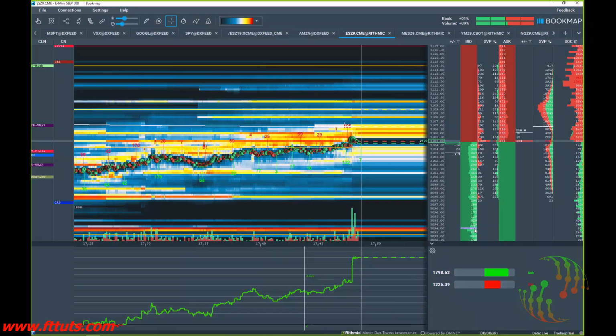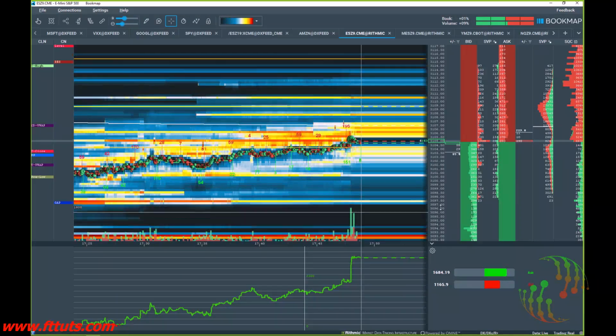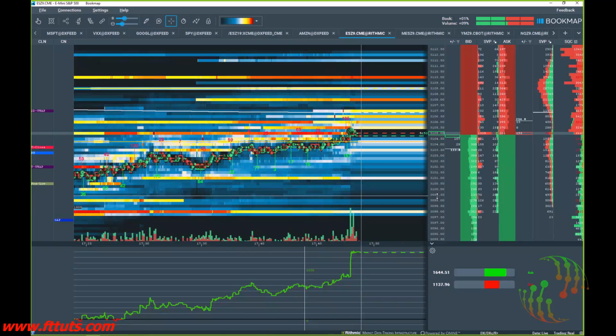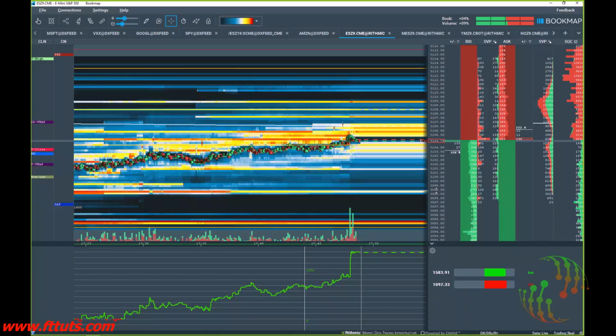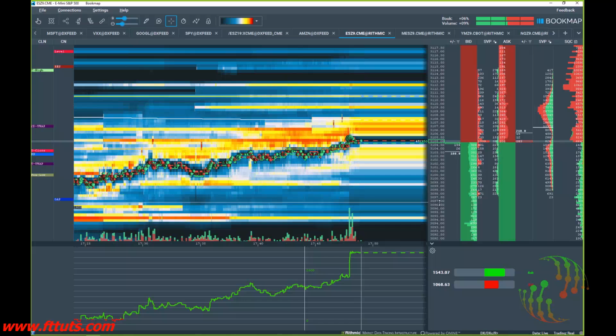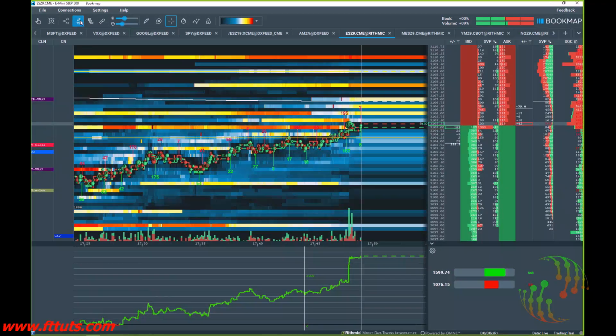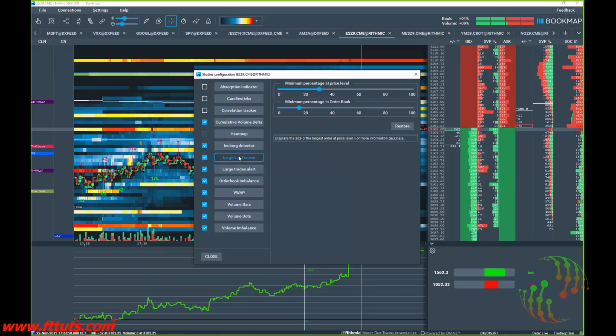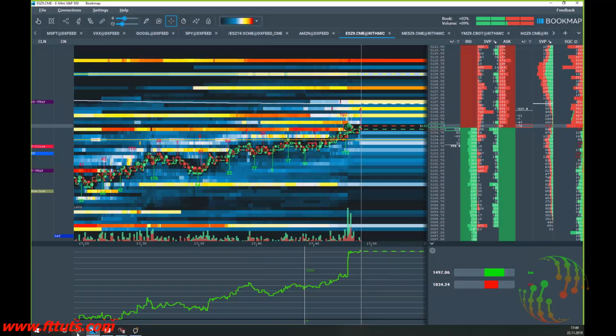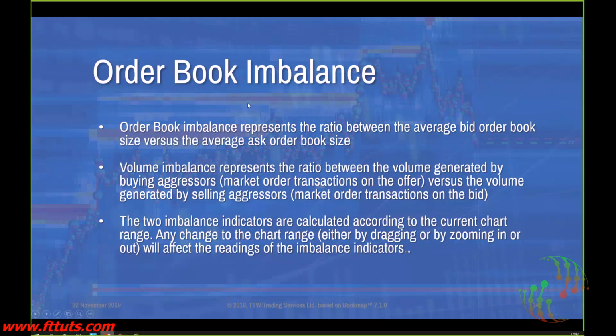And that means there is a really large institution, a big guy with enough money to absorb the contracts here at 94. Absolutely helpful. So if you have it, put it on your chart. It helps you get a little bit more overview.